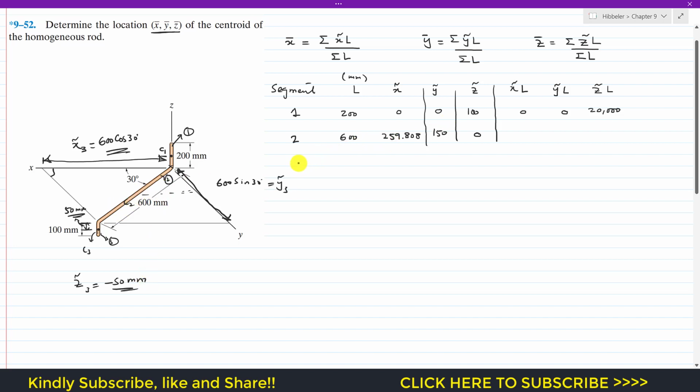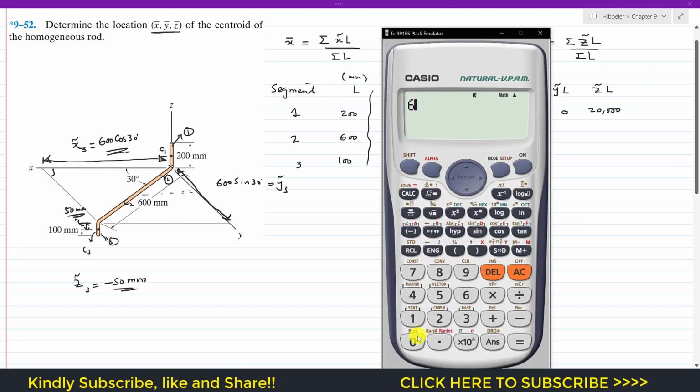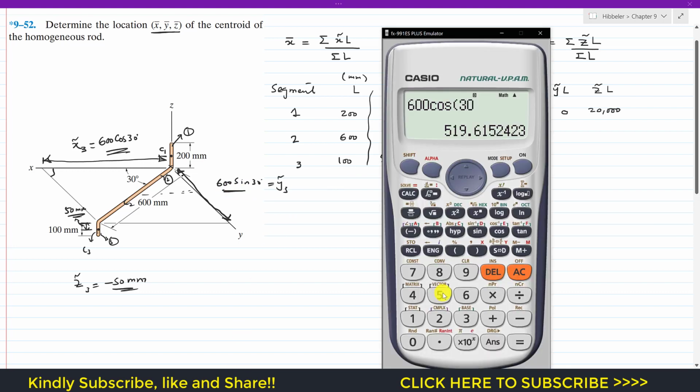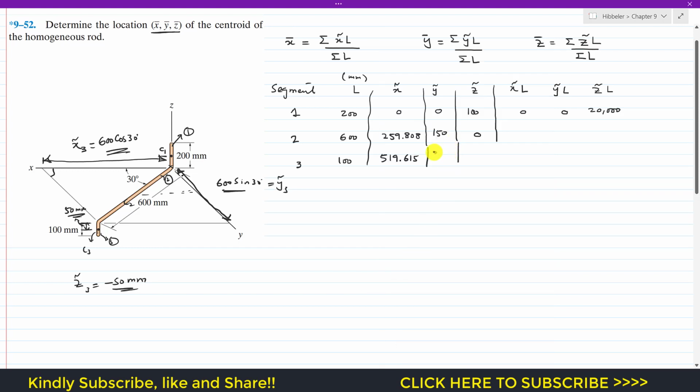So we write that this is segment 3, and the length of segment 3 is 100 mm. x tilde is 600 cos 30, which is 519.615, and then y tilde of 3 is 600 sine 30, which gives us 300. And z tilde of 3 is minus 50.